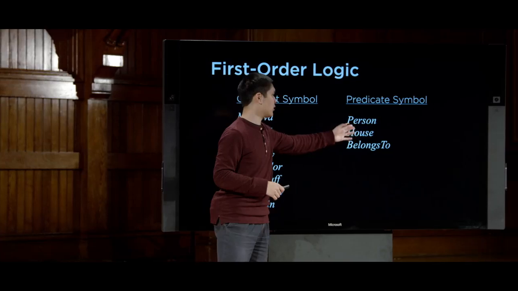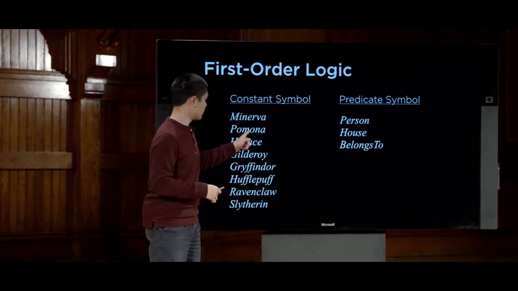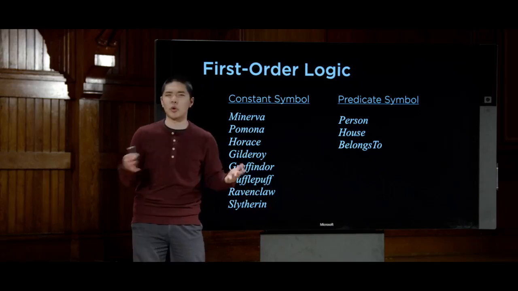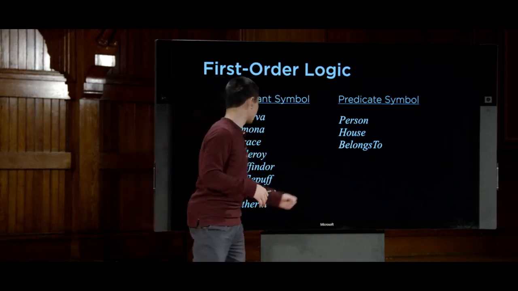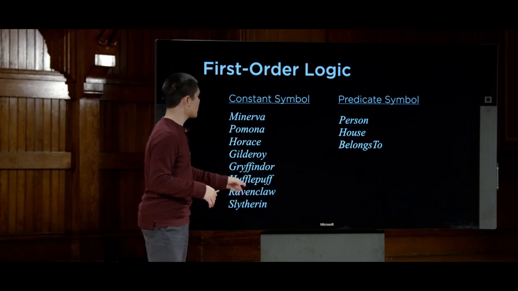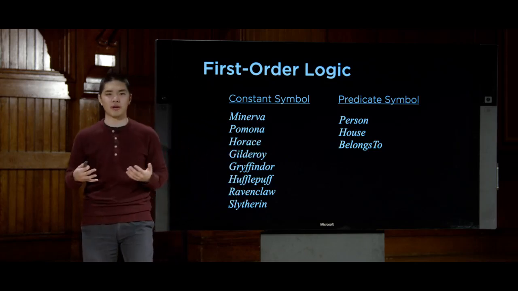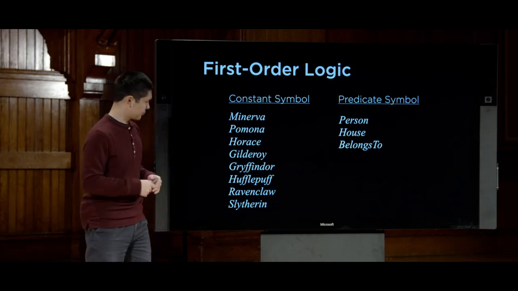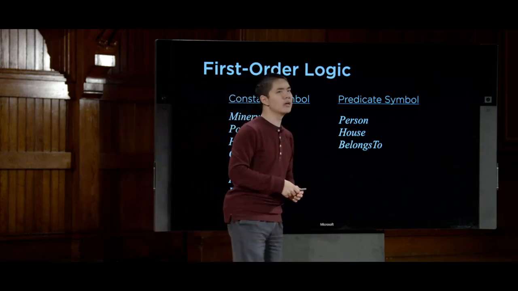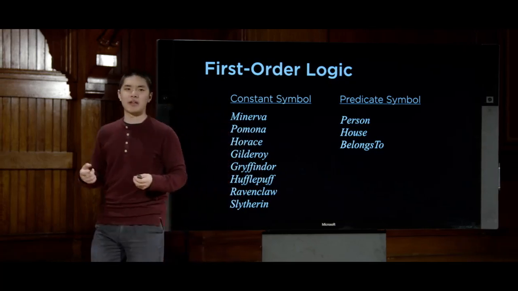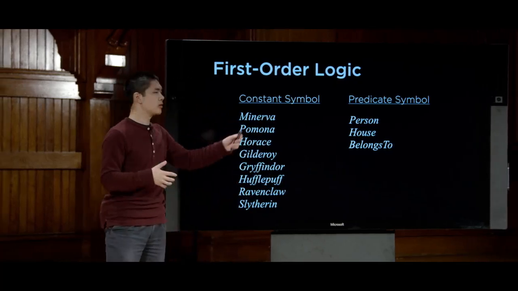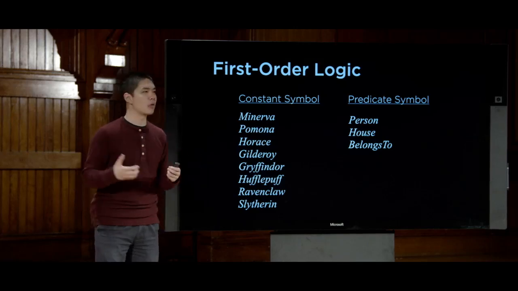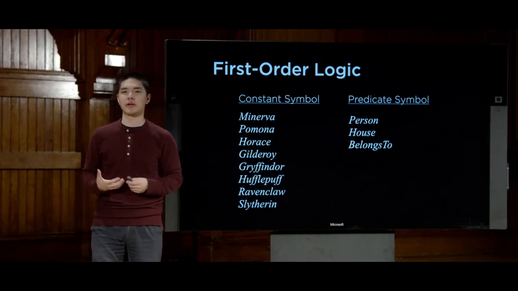So person might hold true of Minerva, but it would be false for Gryffindor, because Gryffindor is not a person. And house is going to hold true for Ravenclaw, but it's not going to hold true for Horace, for example, because Horace is a person. And belongs to, meanwhile, is going to be some relation that relates people to their houses. And it's going to only tell me when someone belongs to a house or does not.